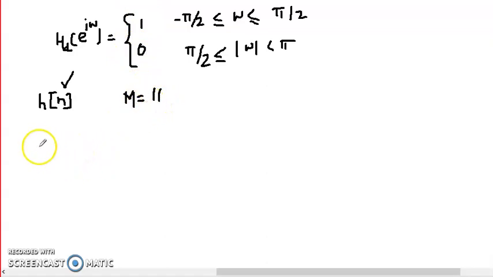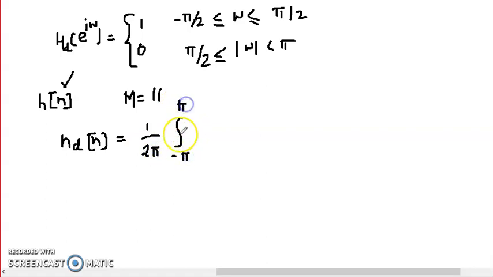Okay, so we know what hd(n) will be. When we go from the omega domain to the n domain, we have to perform this transformation: hd(n) equals 1/2 pi times the integral from minus pi to pi of Hd(e^(j omega)) e^(j omega n) d omega.